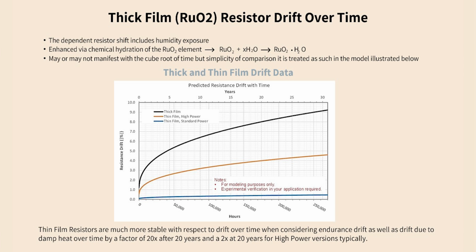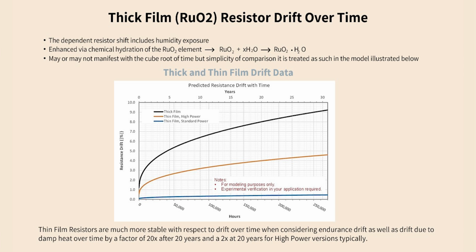The chart here compares resistance drift over time between thick film and thin film resistors under standard and high power conditions. Thick film resistors exhibit significantly higher drift, with resistance increasing by up to 20 times over 20 years under damp heat conditions. By contrast, thin film resistors are much more stable with minimal drift even under extended operating times.